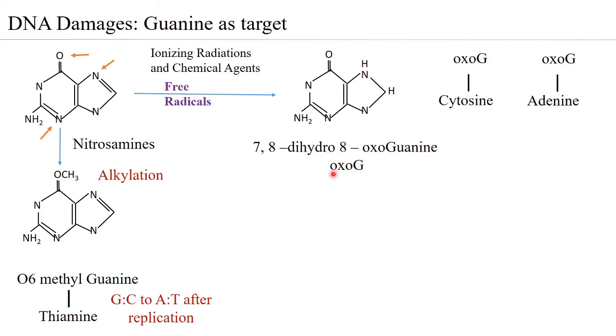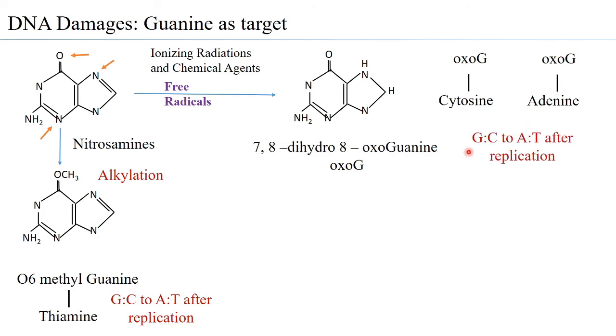Now, with this alteration just because of the free radicals, oxo-G can bind to cytosine, but instead of 3 hydrogen bonds, it binds to the cytosine with 2 hydrogen bonds. Plus, oxo-G also has the ability to bind to adenine. So this interaction is definitely going to be an unusual interaction, and you can already see an alteration present because of the formation of oxo-G.